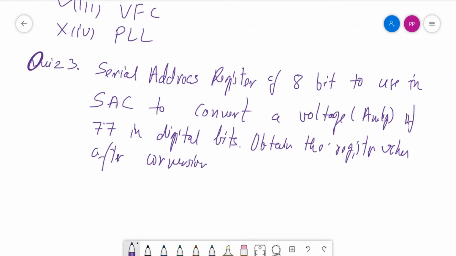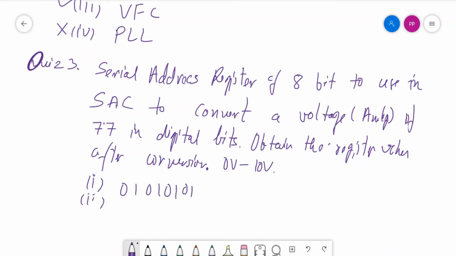So here we are assuming that the voltage range of the analog input is kept from 0 volt to 10 volt. So the options are like this: 0 1 0 1 0 1 0 1.